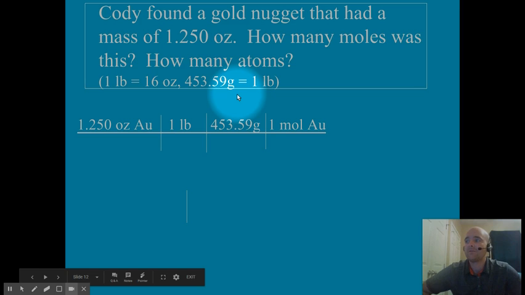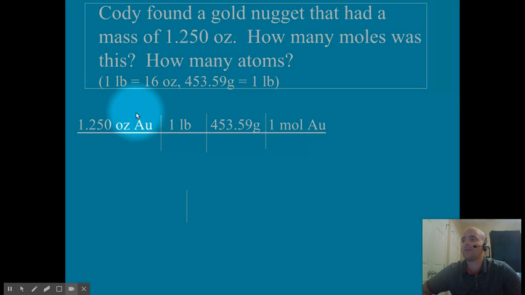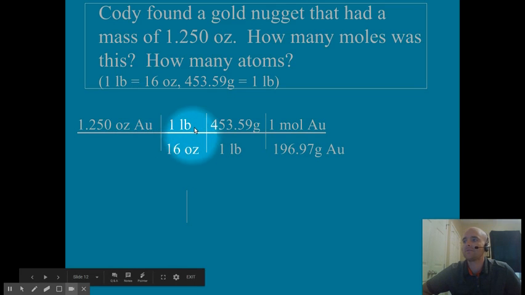So we'll have to use our railroad tracks, start with our ounces of gold, and convert ounces to pounds, pounds to grams, and then grams to moles. When we type that into the calculator, we take the product of everything on top and we divide it by the product of everything on bottom, and we will get our final answer of 0.799 moles.